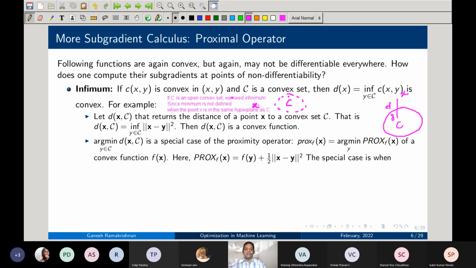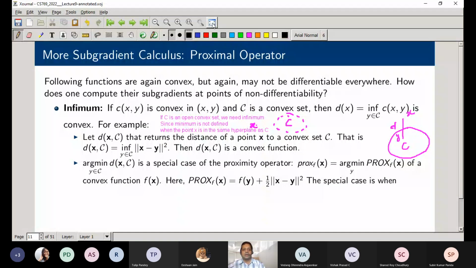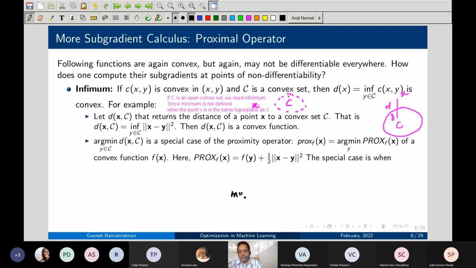You can write this as minimum of some function, say here this function f(x), such that x in C, a convex set.